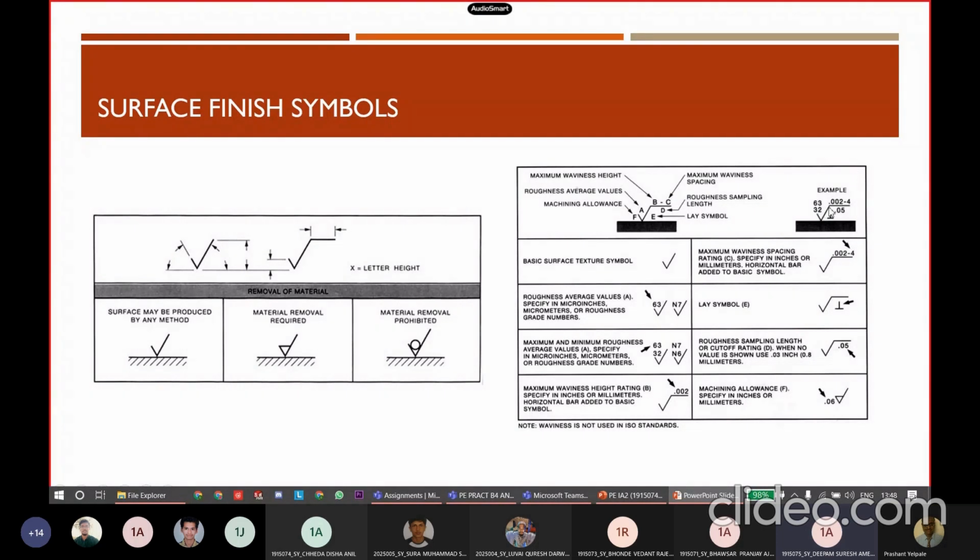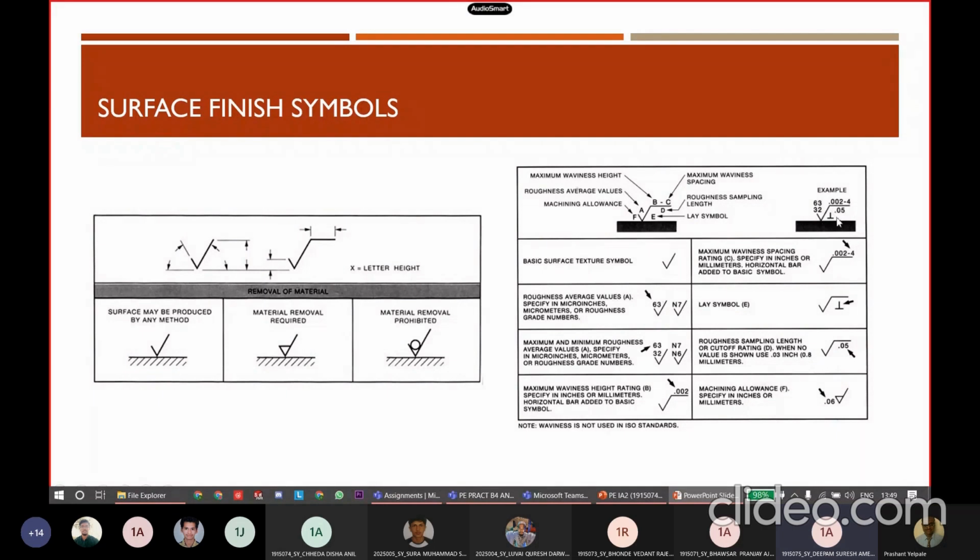The values on the upper side of the horizontal line give us the waviness height and the waviness spacing numbers. The value under the line gives us the roughness sampling length, so the length of the sample that is in observation.